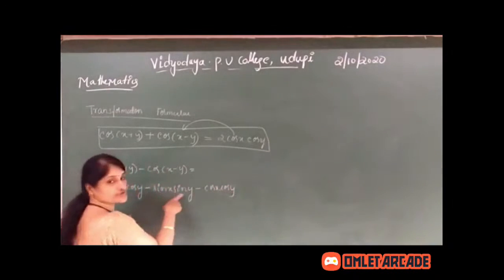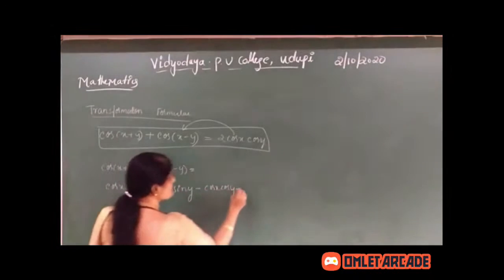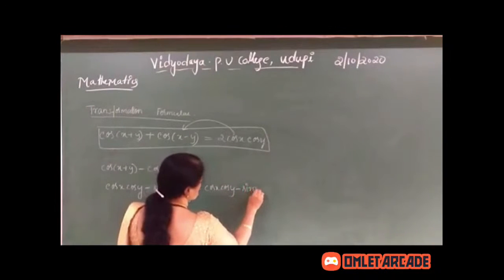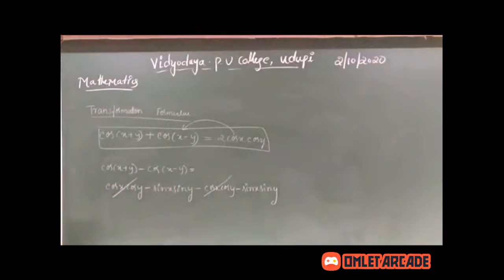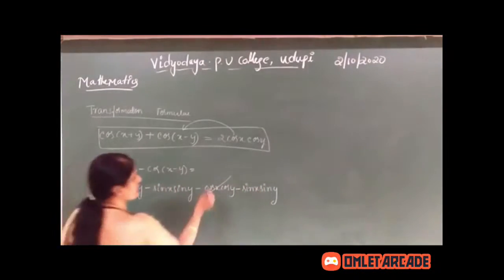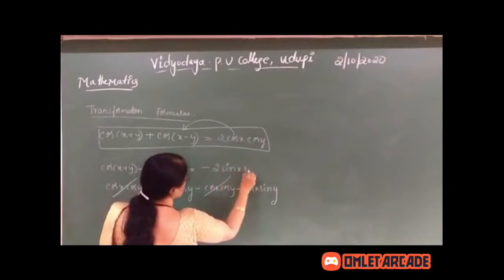This becomes plus into minus, so I remove the bracket and write together: this minus sin x sin y. Now these two will cancel. So what we get here is minus 2 sin x sin y.